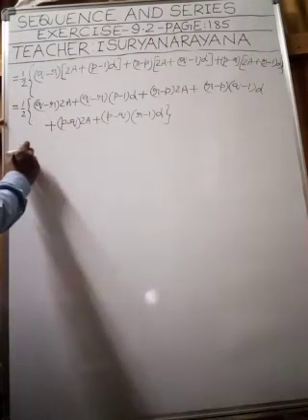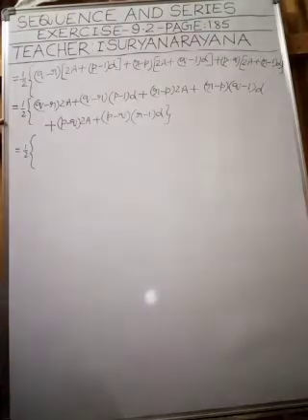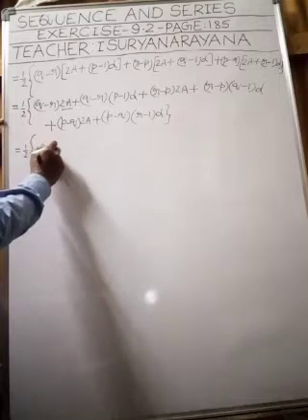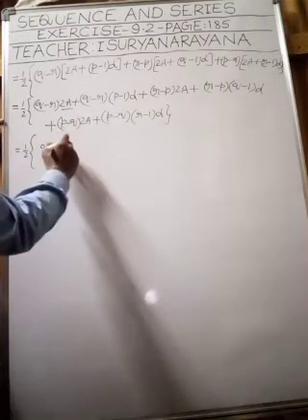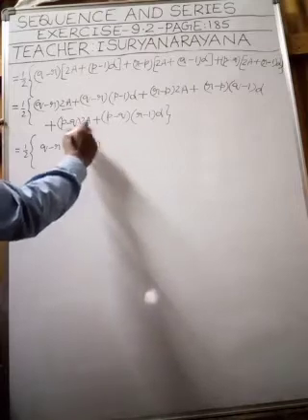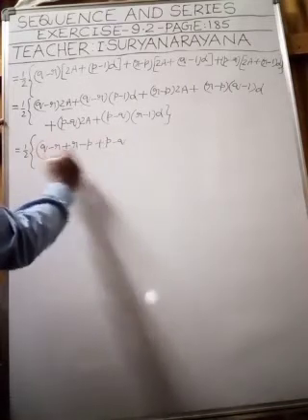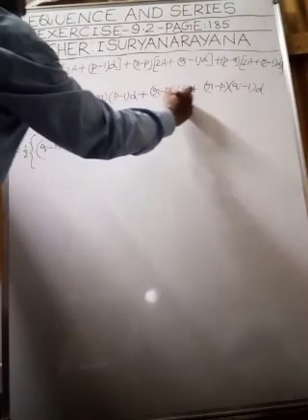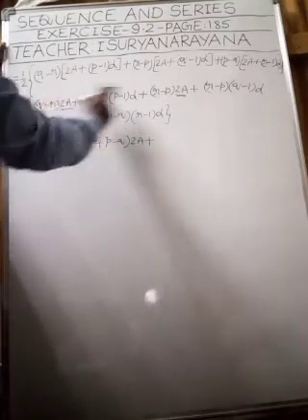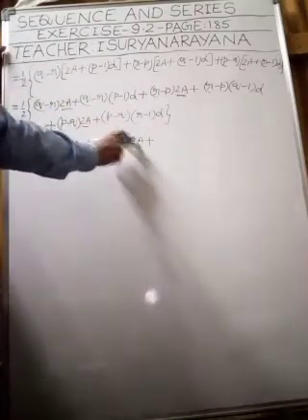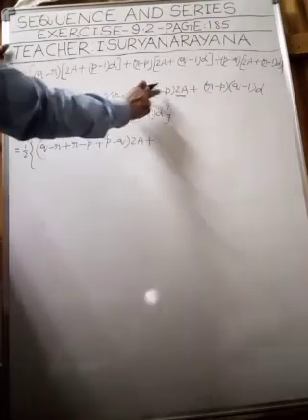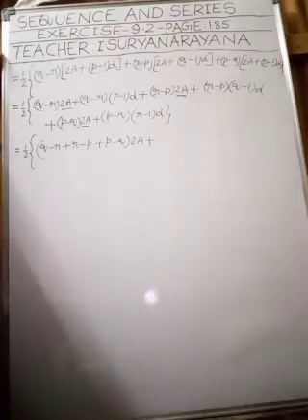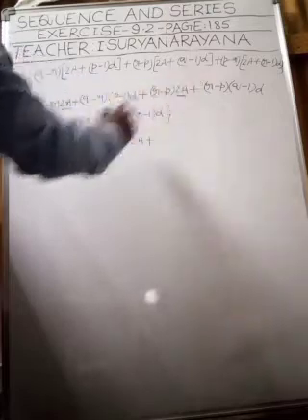That is equal to 1 by 2 into, let us take 2A common from all these terms. What will we get? Q minus R plus R minus P plus P minus Q into 2A. Here also 2A, here also 2A, here also 2A. From these three terms, if you take 2A common, we get Q minus R plus R minus P plus P minus Q. Understood this point? Similarly, from the remaining terms, let us take D common.